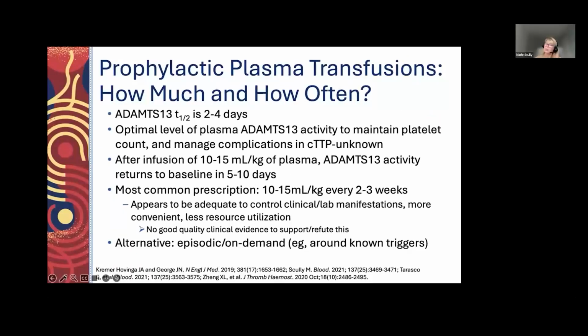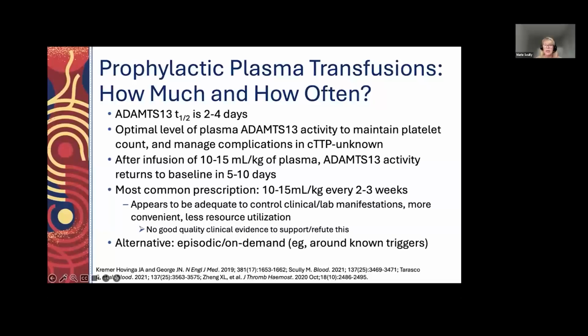So going back to plasma transfusion, how much and how often? Another very pertinent question. Now we know that ADAMTS13 as an enzyme has a very long half-life. But the optimal level of plasma ADAMTS13 activity to maintain 1, a normal platelet count, and 2, to manage complications, both acute, subacute, and non-overt, is unknown.